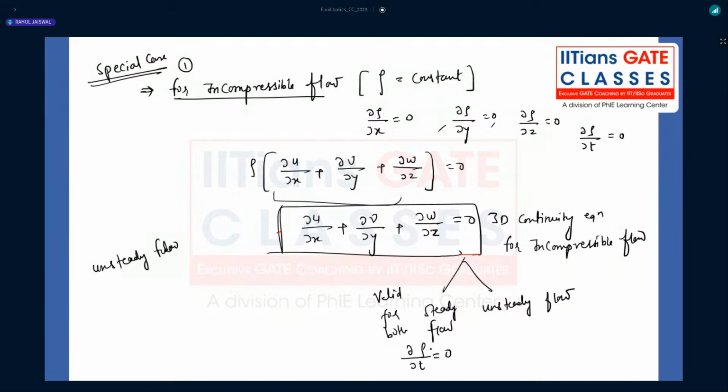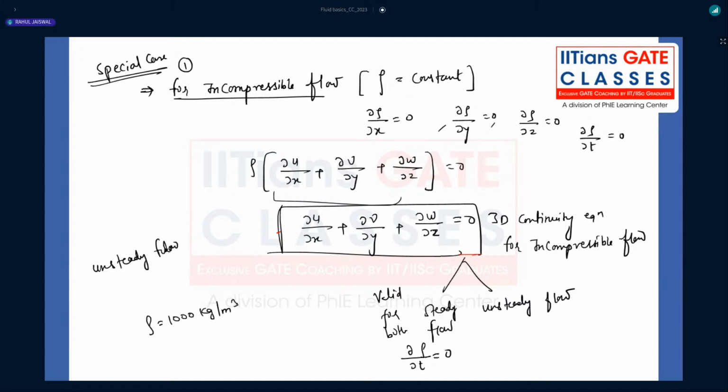Tell me, guys. Suppose in a flow field the density is given as 1000 kilogram per meter cube for water. That is not going to vary with respect to time. Automatically it is 0. So whether you mention steady flow or unsteady flow will not be a matter of concern for us, because that density term will be gone.